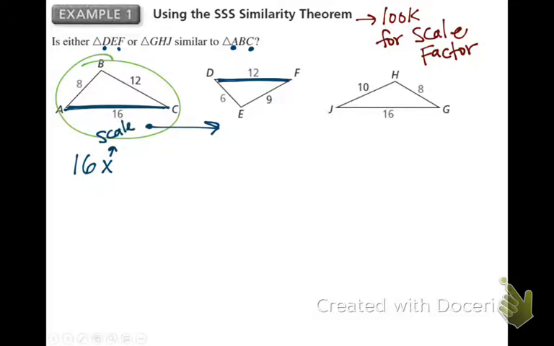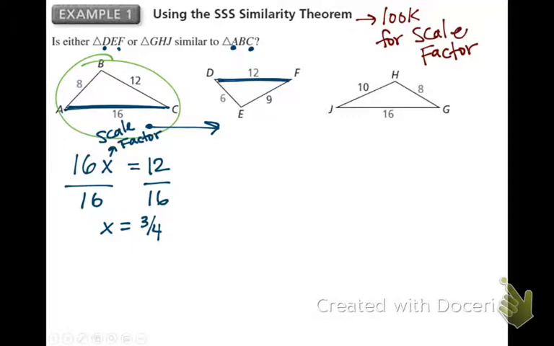So 16 times the scale factor gives me what side length on triangle DEF? 12. So divide by 16. What is my scale factor from triangle ABC to DEF? 3/4. So what we want to do is check all of the sides on triangle ABC. We want to see if all of them have a scale factor of 3/4. If they do, then these two triangles are similar. If they do not, then they are not similar.